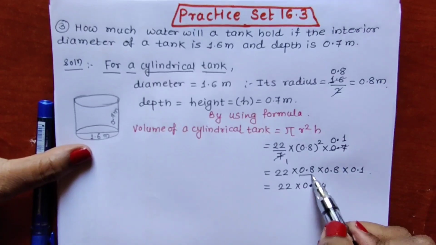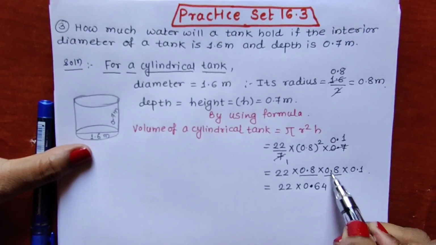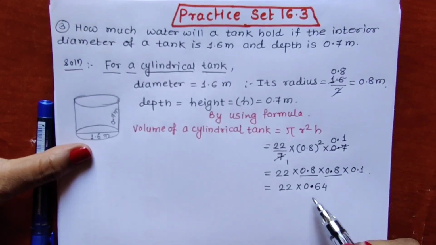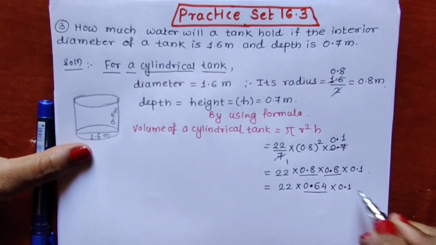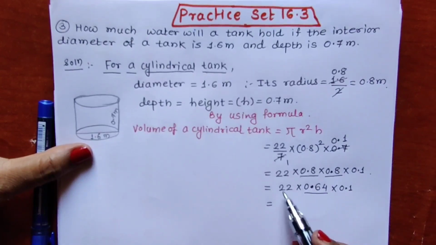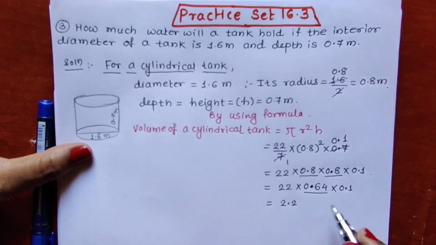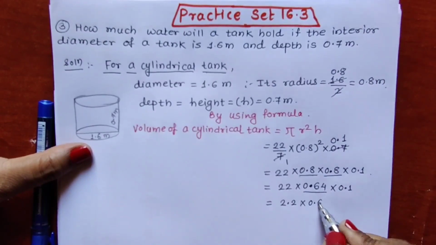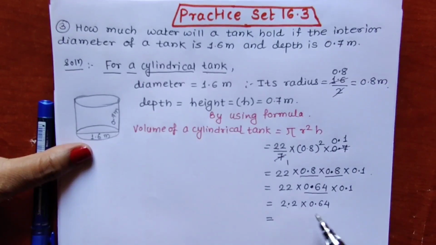Because in 0.8 also after the point 1 digit is there, so in the answer there should be 2 digits after the decimal point. Multiply by 0.1. So 22 into 0.1 will be 2.2 multiplied by 0.64. So we will be multiplying 22 by 64, and afterwards we will put the decimal point here.